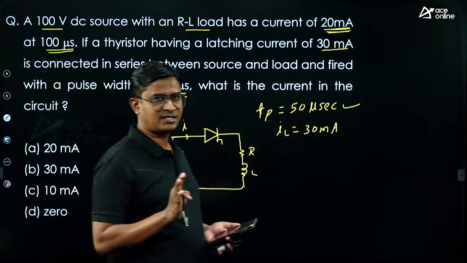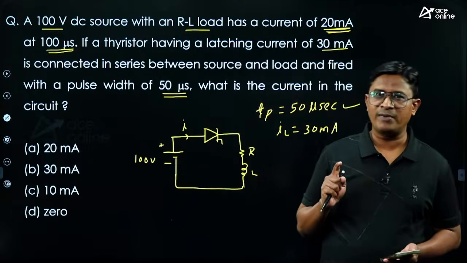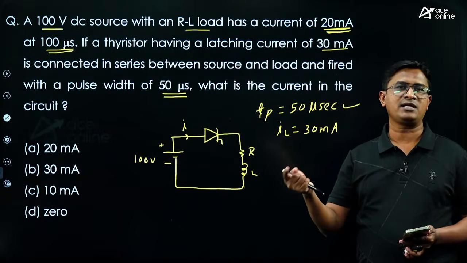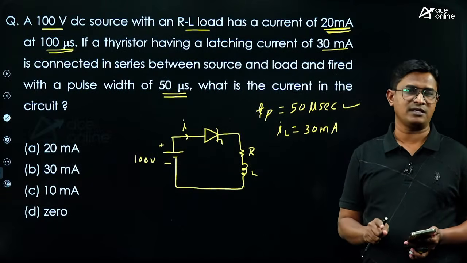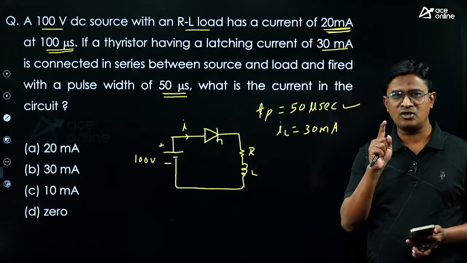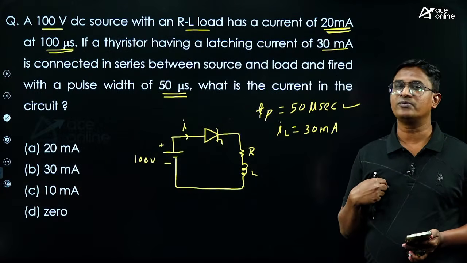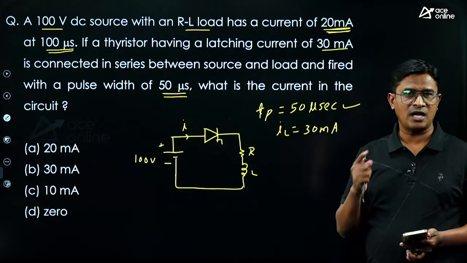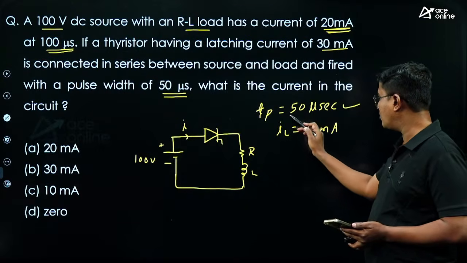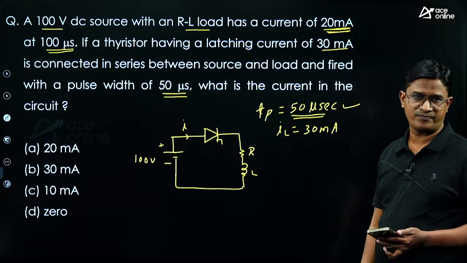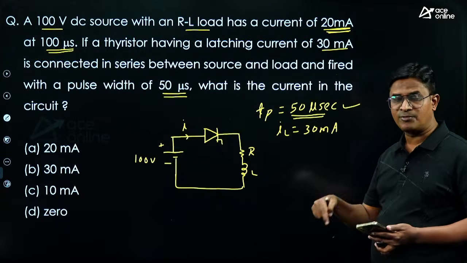I am repeating, please listen. If I want to maintain my SCR in the on state even after removal of the gate signal, then at the instant of removal of the gate signal, my current through the SCR should be equal to which value? Latching current value. Now I am removing the gate signal at how much time? 50 microsecond.